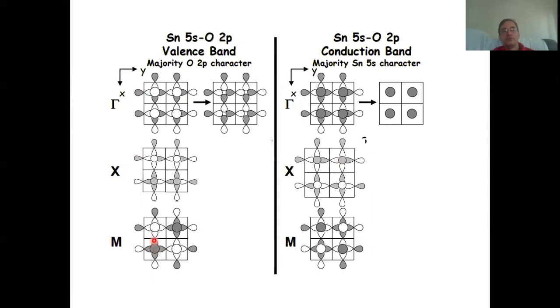So again, we can flip the algebraic sign of, or define the algebraic sign of the 5s orbitals also the other way around, which is again shown here. So this, which was negative, is now positive. This is now changed from positive to negative. This is changed from positive to negative, and this is changed from negative to positive.